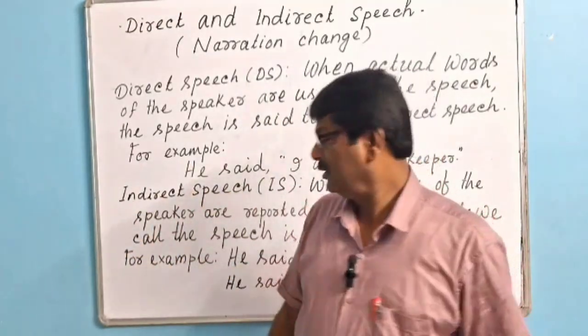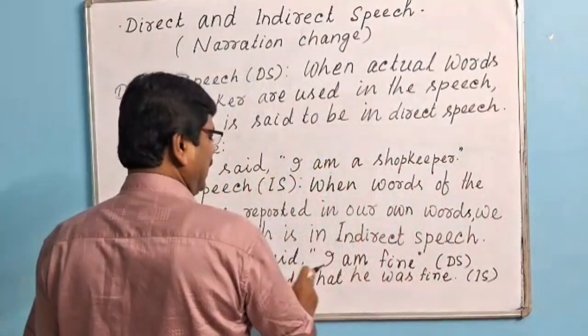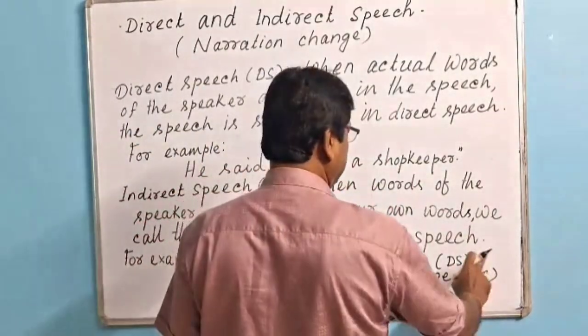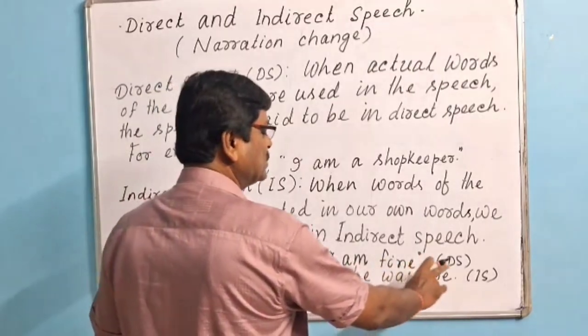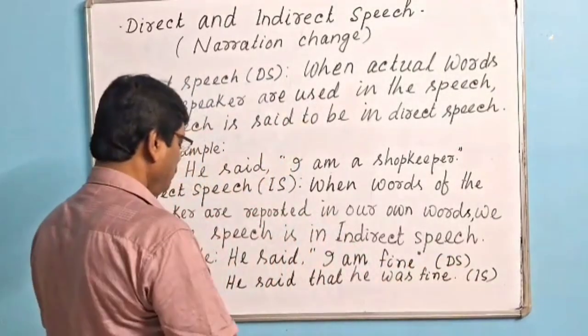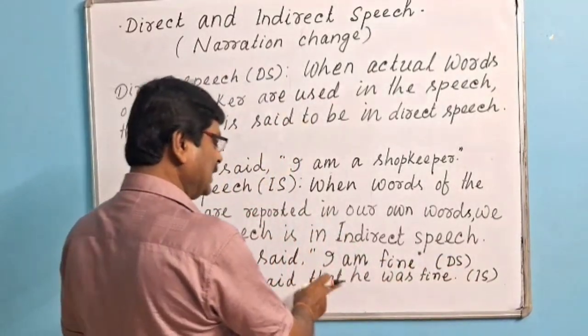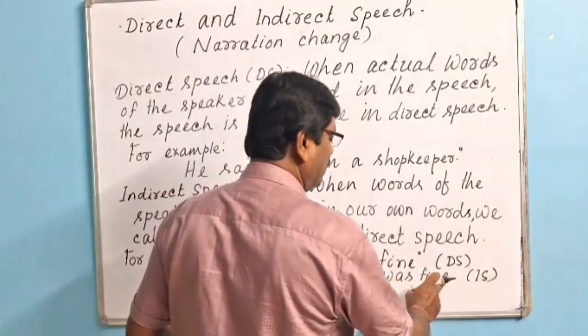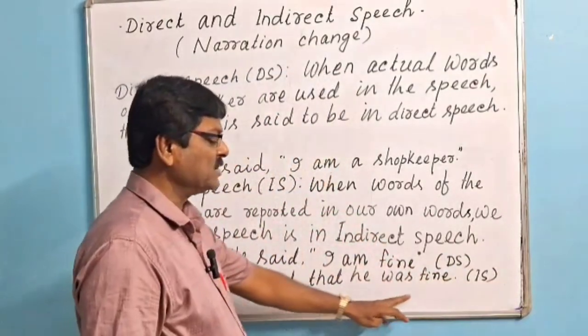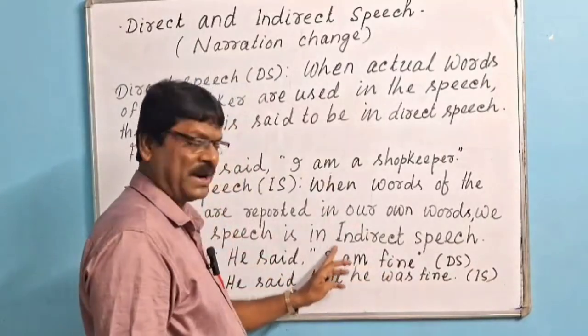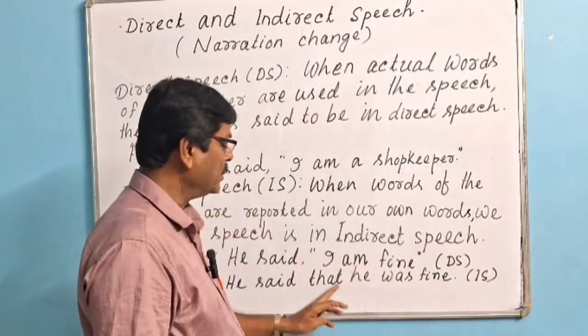For example, he said, I am fine. This sentence is in direct speech. But the second sentence, he said that he was fine, is indirect speech because we have given the synopsis of the first sentence in our words.